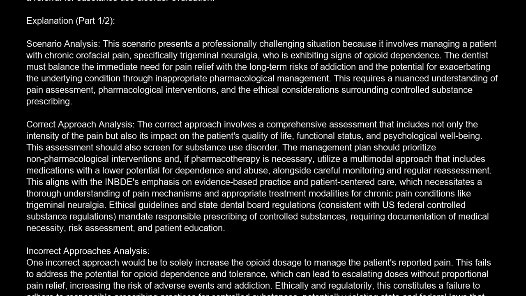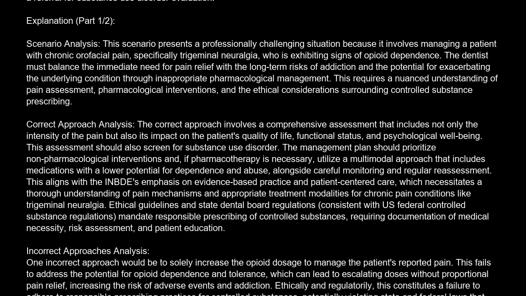The management plan should prioritize non-pharmacological interventions and, if pharmacotherapy is necessary, utilize a multimodal approach that includes medications with a lower potential for dependence and abuse, alongside careful monitoring and regular reassessment. This aligns with the INBDE emphasis on evidence-based practice and patient-centered care, which necessitates a thorough understanding of pain mechanisms and appropriate treatment modalities for chronic pain conditions like trigeminal neuralgia.